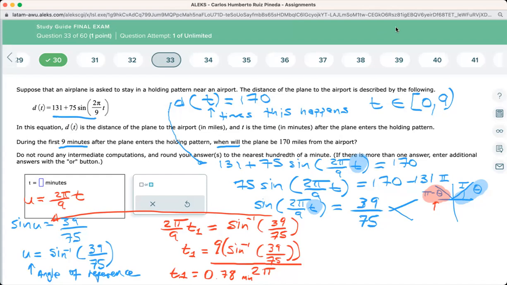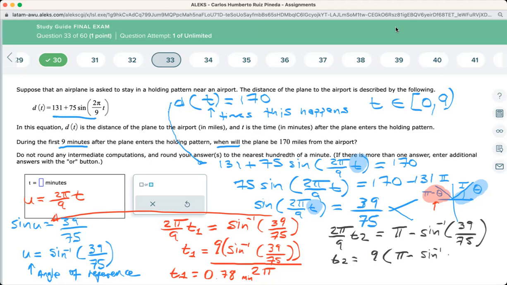So 2 pi over 9 t2 equals pi minus the reference angle, sine inverse of 39 over 75. So t2 will be 9 times pi minus sine inverse of 39 divided by 75, all of it divided by 2 pi. Again, we use our calculator to check, and t2 will be 3.72 minutes.